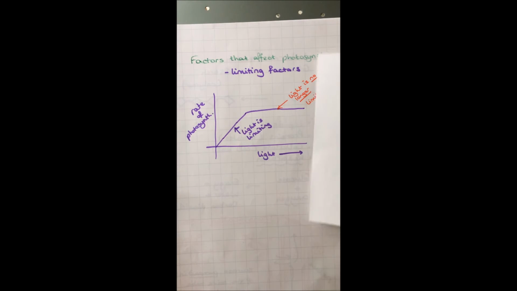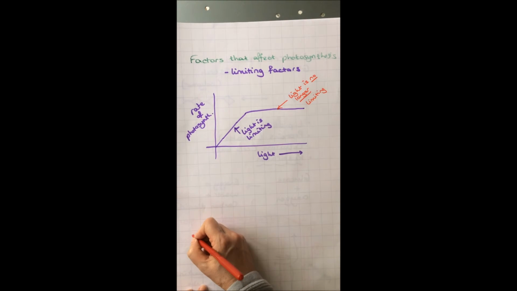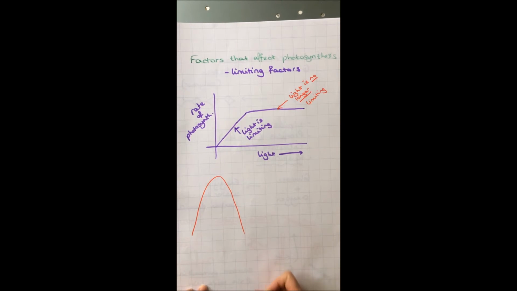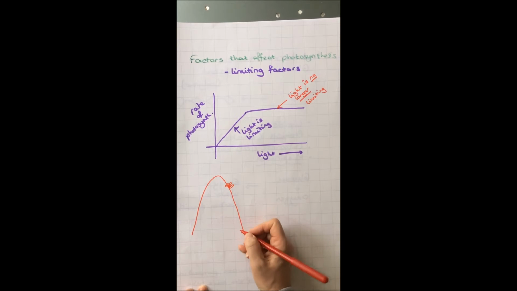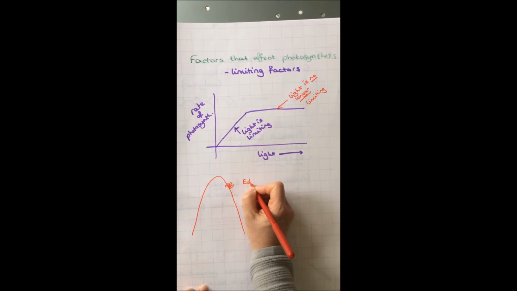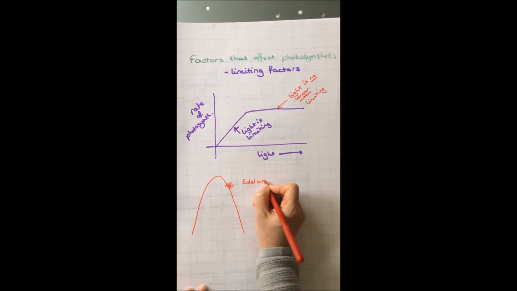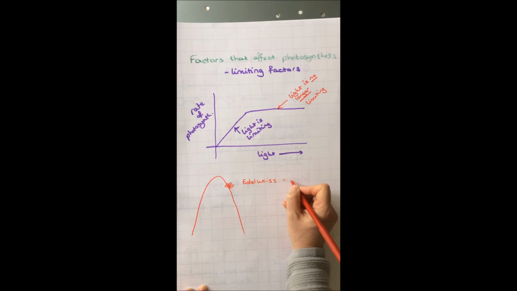Okay, so let's have a look at how that works in reality. If you went on a mountain, and you looked at the top of a mountain, you would find plants such as Edelweiss. And Edelweiss is quite a small plant.